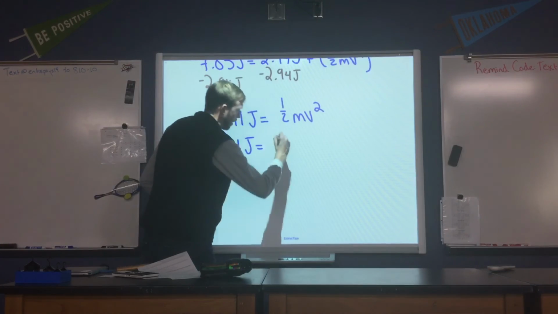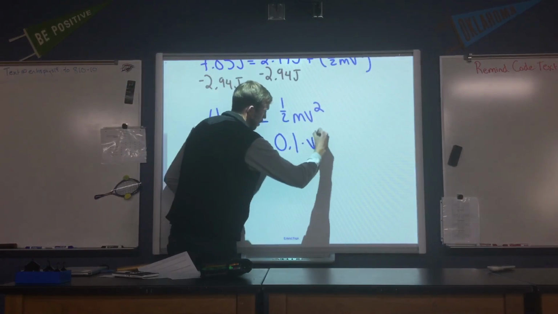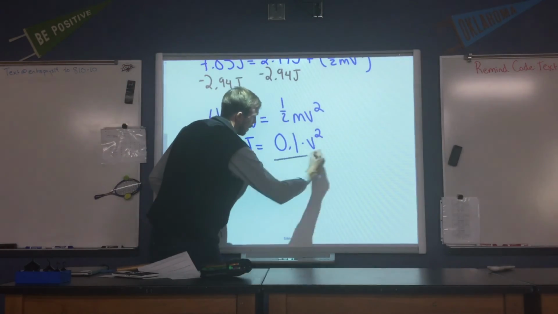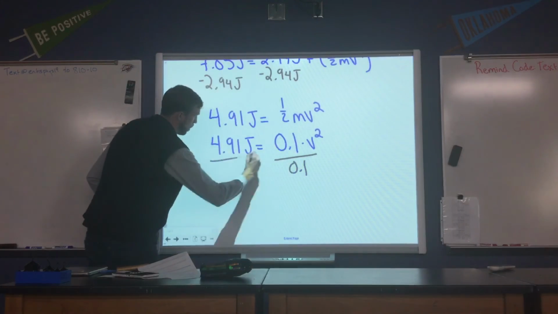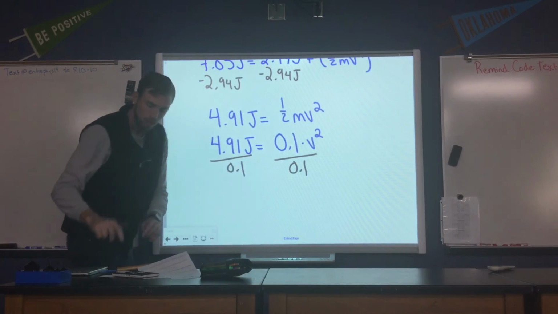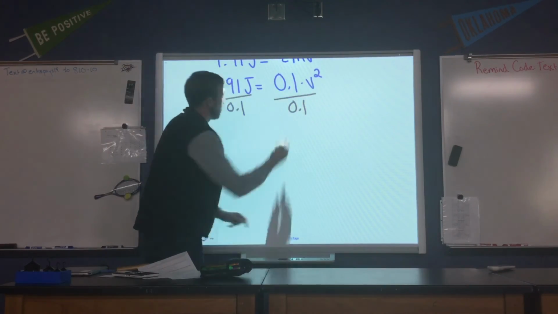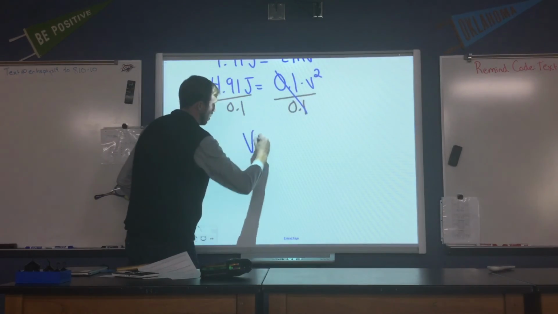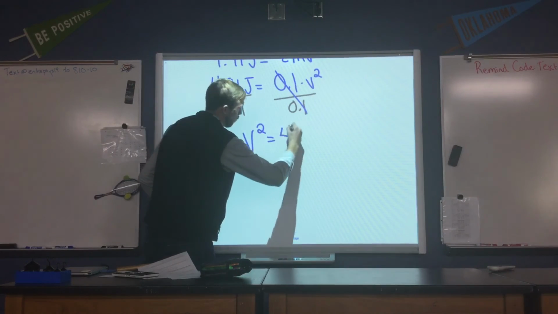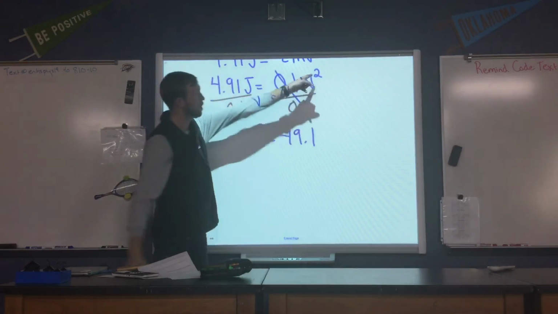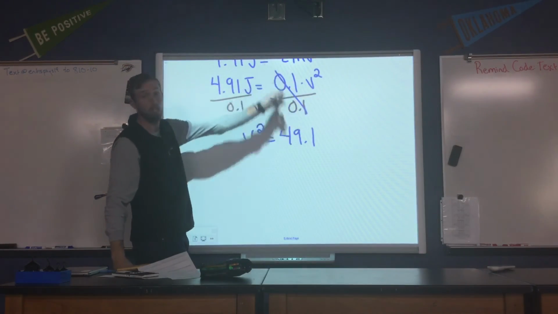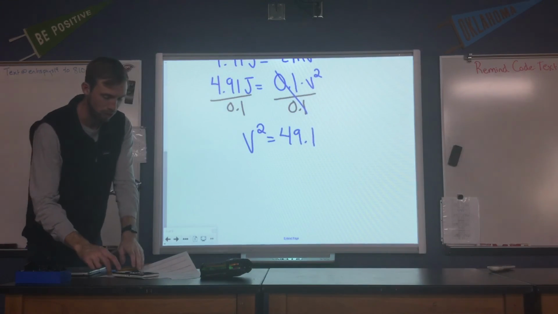So this would be 0.1 times v squared. I can then divide both sides by 0.1. So 4.91 divided by 0.1 gives me a value, and the 0.1s cancel out. V squared equals 49.1, right? V squared is by itself now because the 0.1s have canceled out.